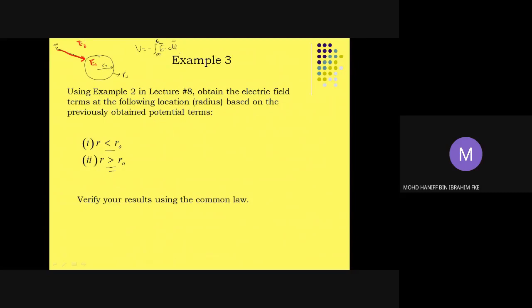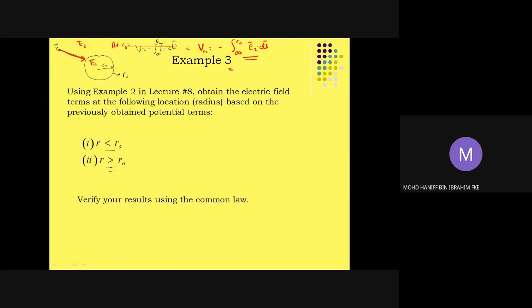So at R naught, the potential calculated is V at R naught equals negative integration from infinity to R naught of E2 dot dl. From infinity to R naught, we just pass through a single value of electric field, which is E2. That's why we just deal with the E2 terms there. This is what we have done previously in lecture 8, example 2.